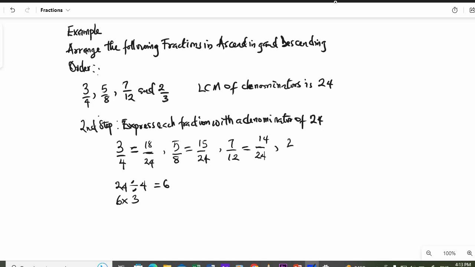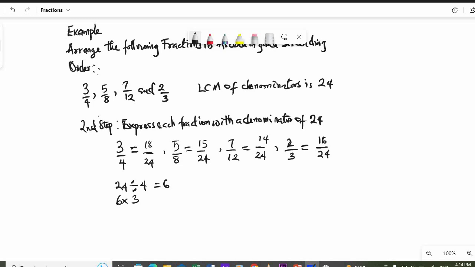And then 2 over 3, I'm sorry, it's a mistake. Just going to erase it. Over 24, right? 24 divided by 3, that's 8, then 8 times 2, that's 16.